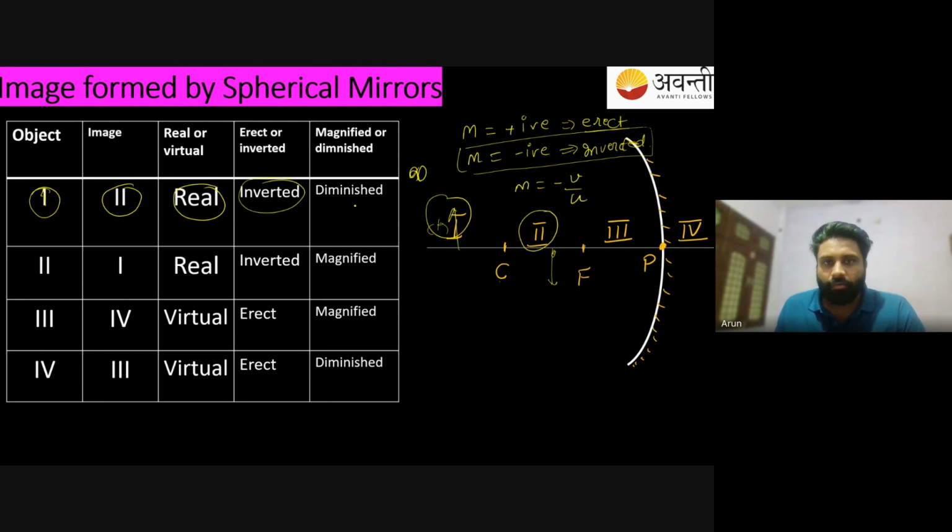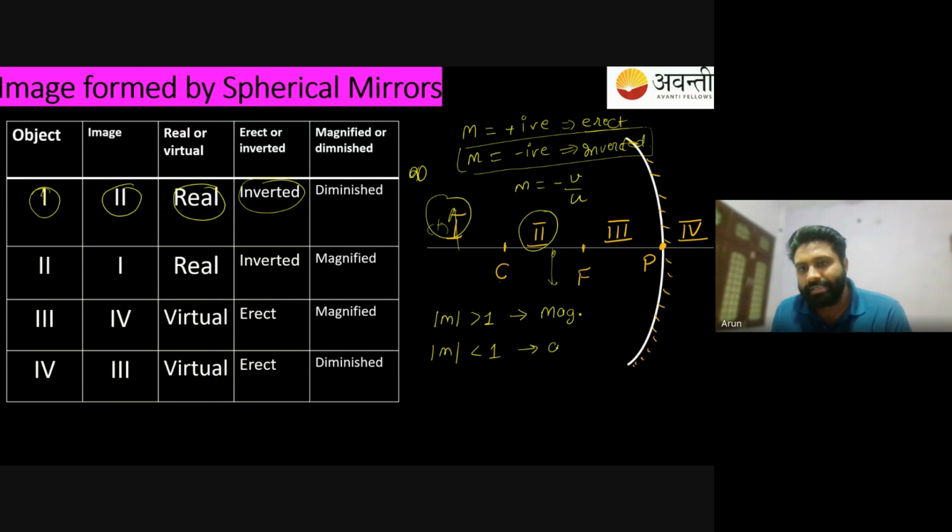Okay. Now, what about the size of the image? You can see here, if the mod of m is greater than 1, then it will be a magnified image. And if the mod of m is less than 1, it will be a diminished image. ठीक है. Now tell me, by this formula, if I take the mod, then it will be v upon u.